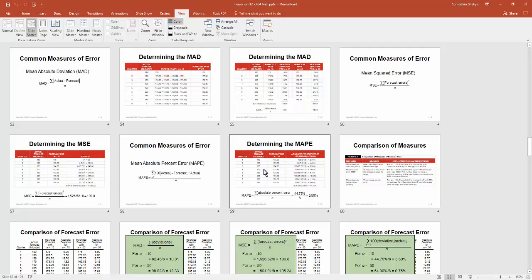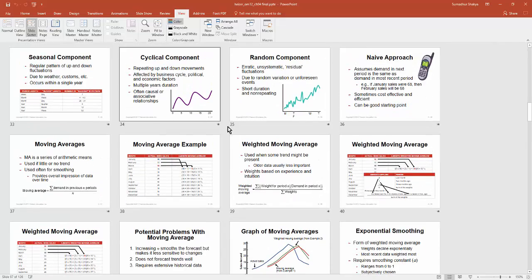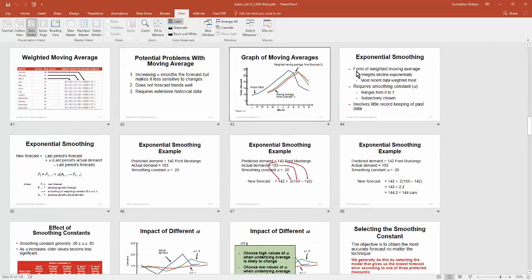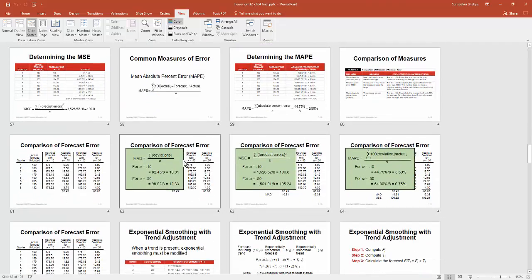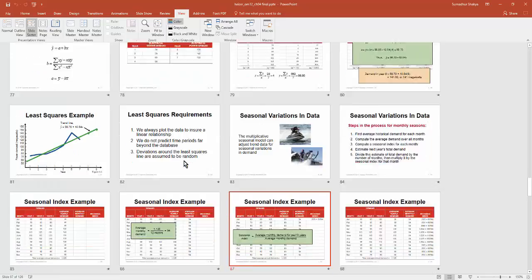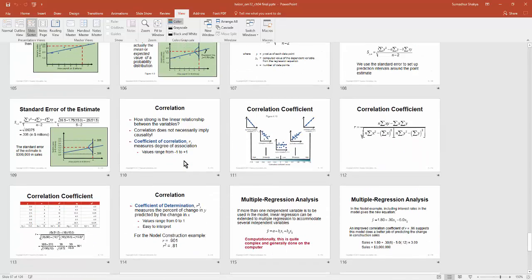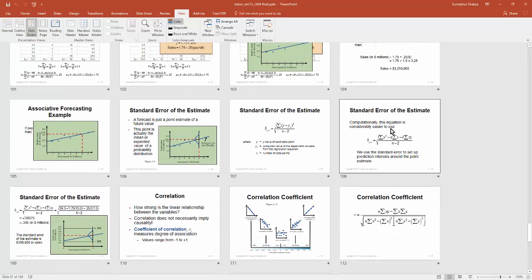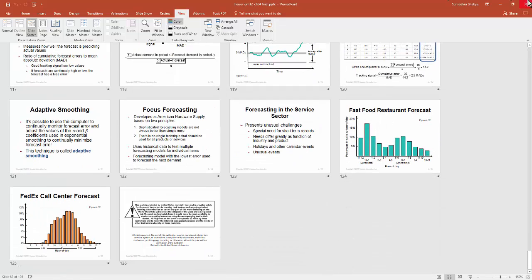These three measures help us determine which of the methodologies, weighted moving average, exponential smoothing, or linear regression, is better for the concerned data. The other few things associated with linear regression are the correlation coefficient, and the last thing would be the multiple regression analysis.